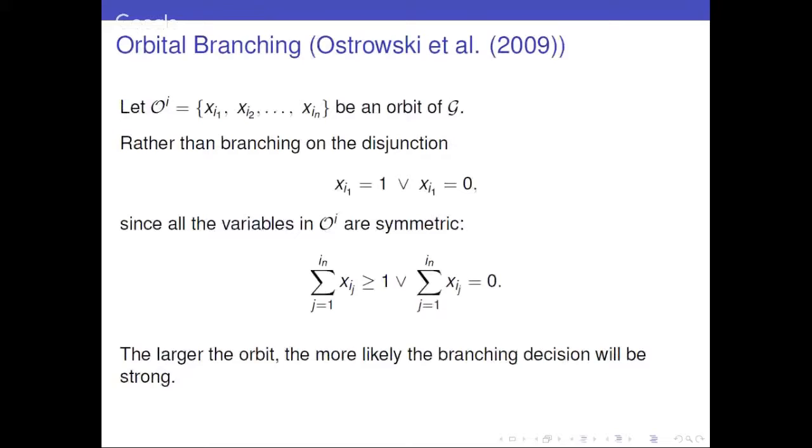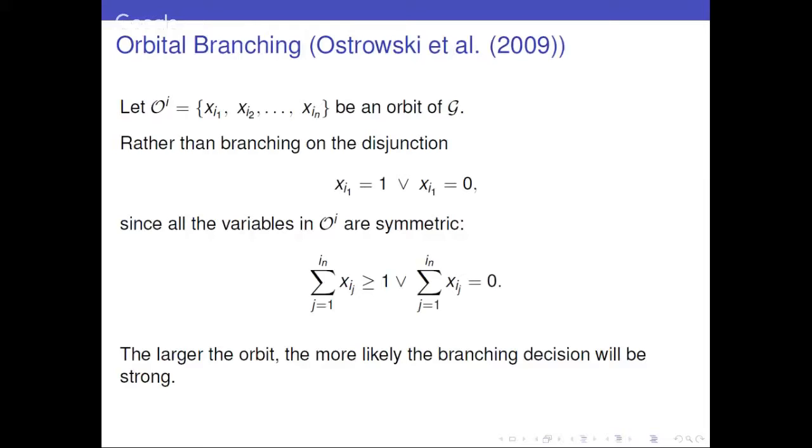So this follows on some of the work that Jim Ostrovsky did on his PhD, where we have what's called an orbit of the problem. So this is a set of variables that essentially look the same from the optimization perspective. And I won't define exactly what that means, but in a sense they're indistinguishable in the optimization.